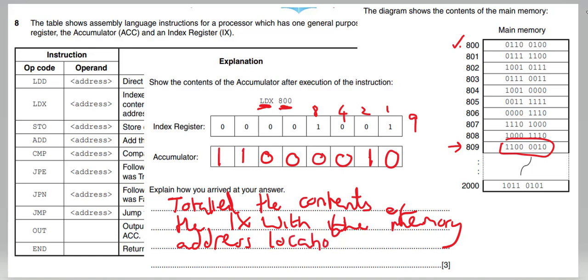And then be specific. 800 plus 9 equals 809. Boom.